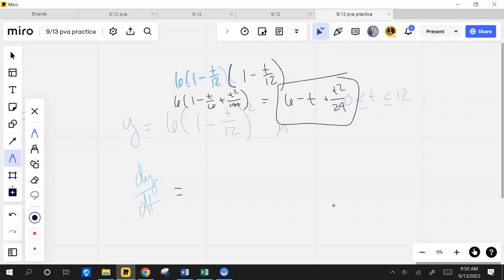All right, so if I do dy/dt, I'm going to take the derivative of y with respect to t, which is nothing more than dx/dt. It's just the regular derivative y'all have been used to doing, right? What's the derivative of this?